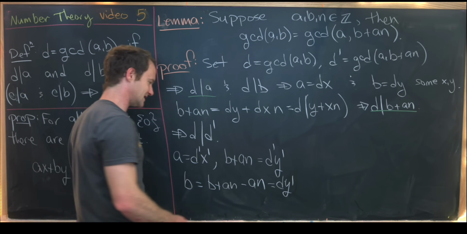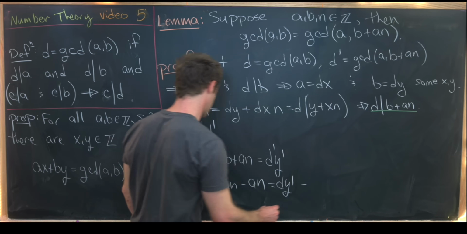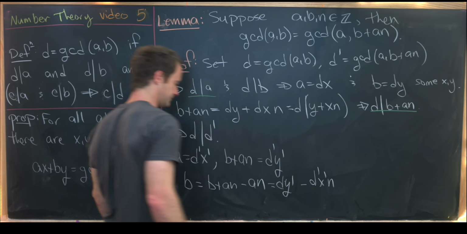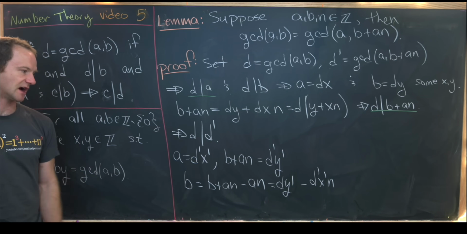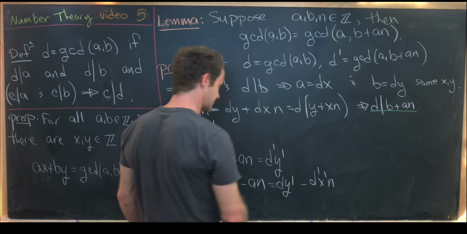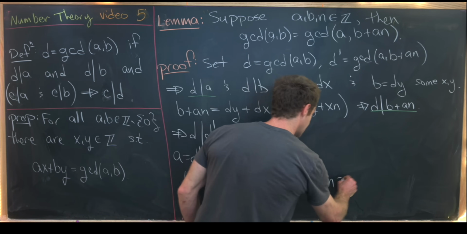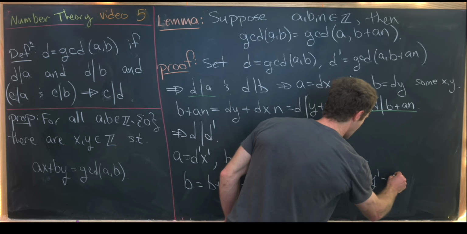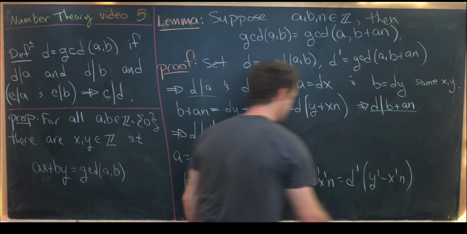And then subtracting an is the same thing as subtracting d prime x prime n, again from this one right here. But we can factor a d prime out of this, leaving us with d prime times the quantity y prime minus x prime n.